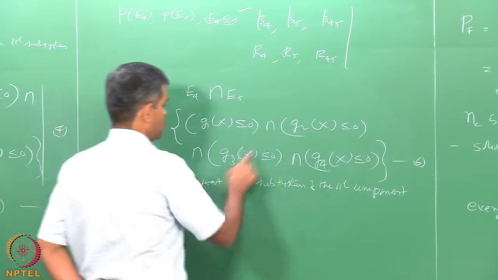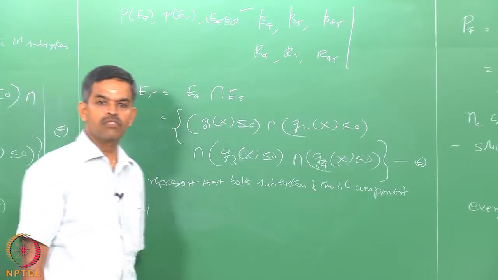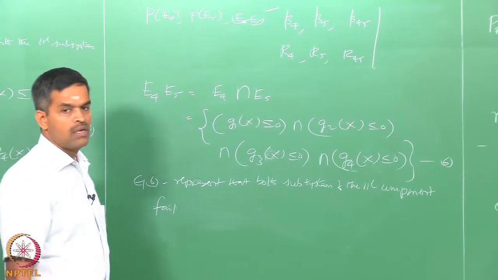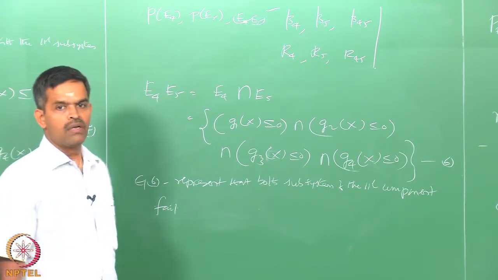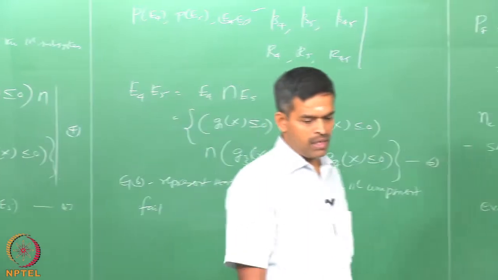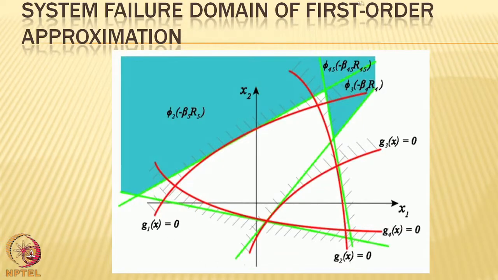So, G1, G2, G3, G4 are all shown on the screen, where you can see the failure domains, and of course, the probabilities of failure phi 4 5, phi 3, phi 2 etc., which you have computed based upon betas and R's given by the equations. So, one can find the tangents and see the intersections, and the shaded portion shows the system failure domain using first order approximation.